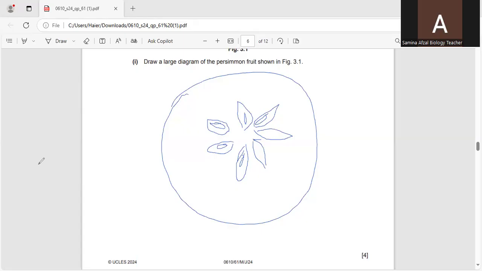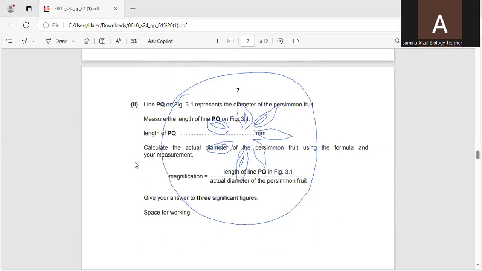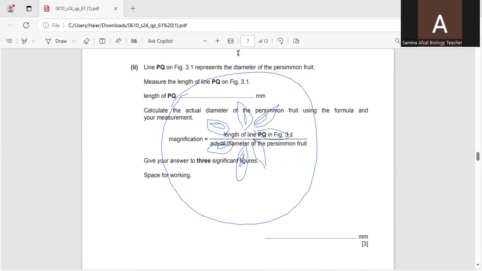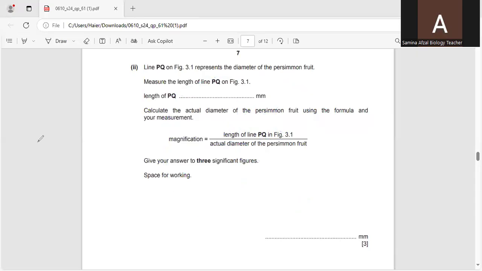Now we are moving towards the next question. Line PQ on figure 3.1 represents the diameter of the persimmon fruit. Measure the length of the line PQ on figure 3.1.